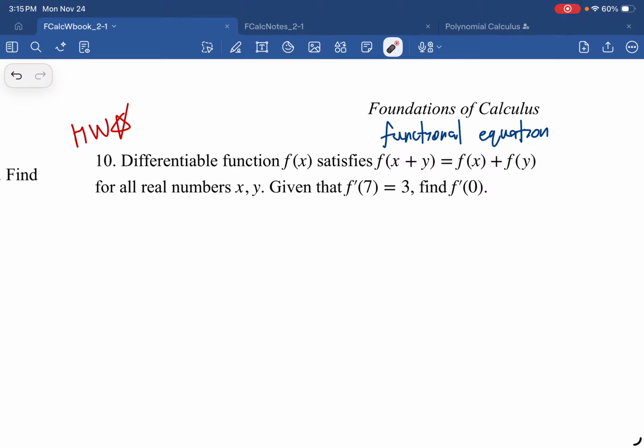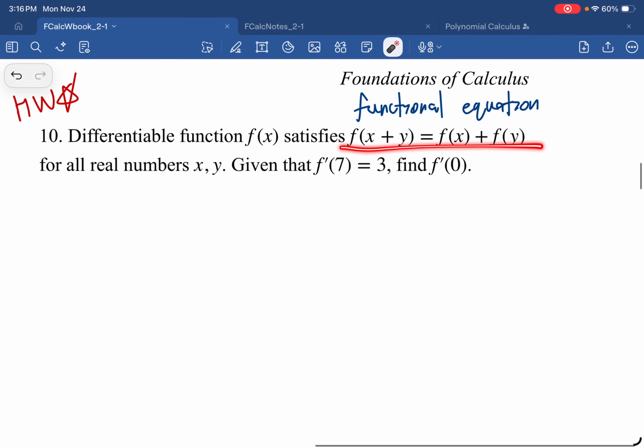Now, that's when you're solving an actual equation, find this function that satisfies this. But what we're trying to find is f prime of 0, and it's really interesting that they ask us to find the differential coefficient rather than the function itself, right? So we need to look at what this is, and then we need to try to get a definition of the derivative out of it.